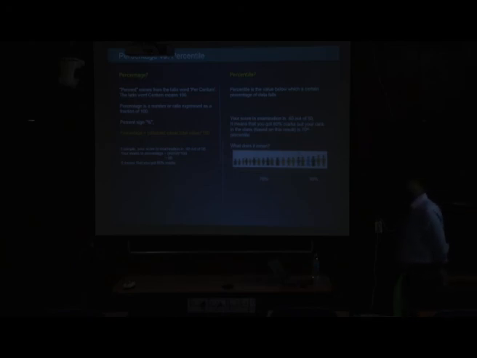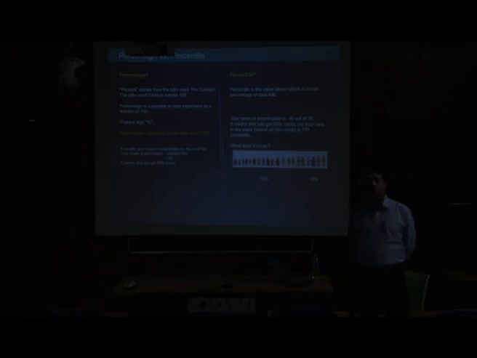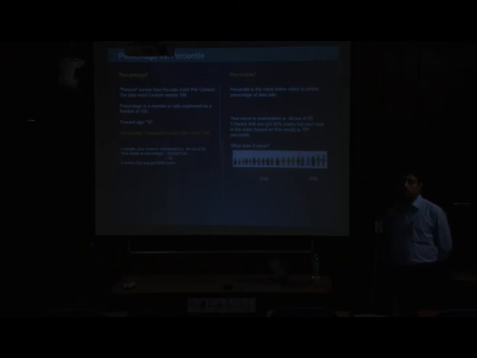What does it mean? It means below your height there are 70% of the students, and above your height how many students are there?